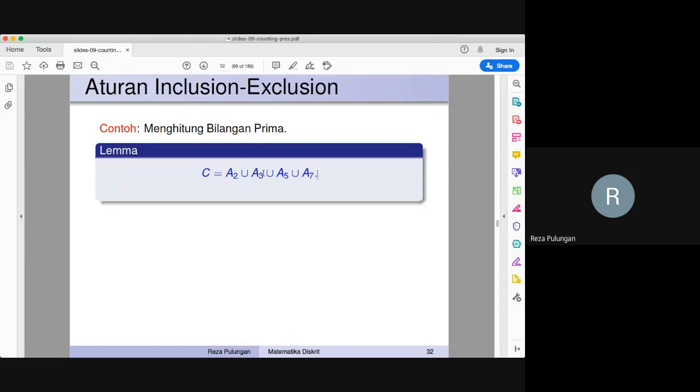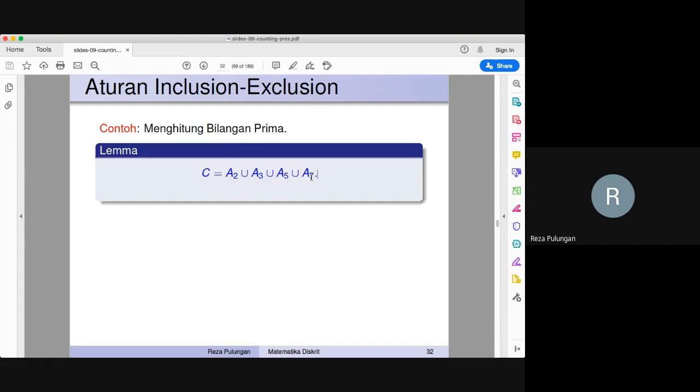What about A4? Why is A4 not there? Because anything in A4 must be inside of A2. Any multiple of 4 must be a multiple of 2. So you don't deal with that. What about 6? 6 is also not necessary, because any multiple of 6 must be a multiple of 3 also. What about 8? That is 2. What about 9? 9 is 3, and so forth.